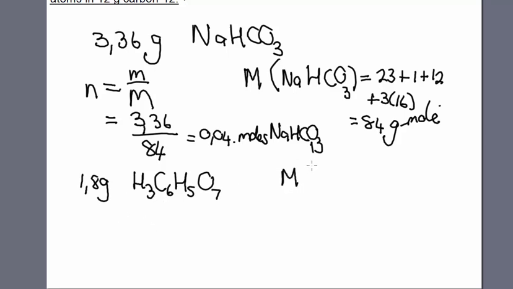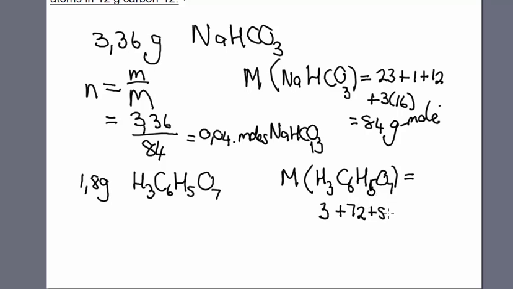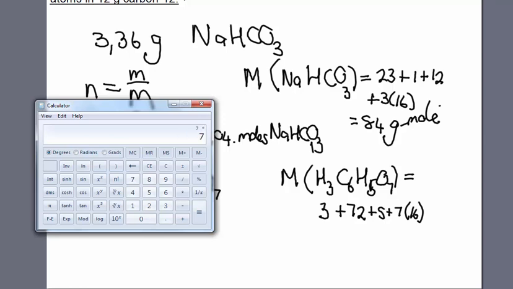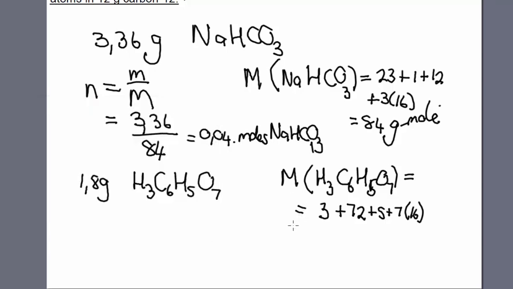So let's calculate the molar mass for this funny looking substance. We use our periodic table. 3 times 1, 3, plus 6 times 12, 72, plus 5 times 1, 5, plus 7 times 16, 112. Let's figure this one out. 112 plus 5 plus 72 plus 3 is 192. 192 grams per mole.